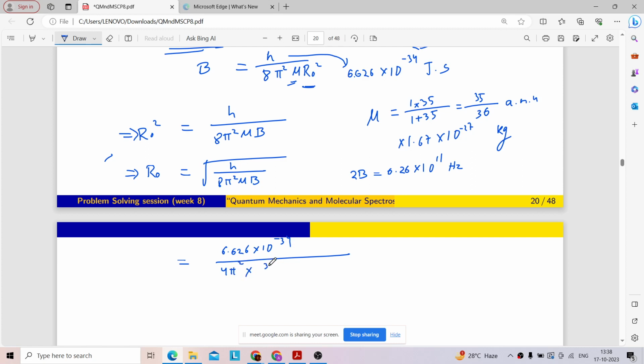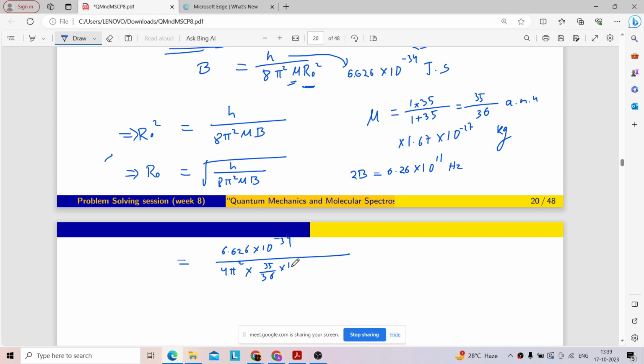Mu is 35. R is around 1.66 angstroms. I'm getting 1.29. Probably some factors will be off here and there, but the order is correct.